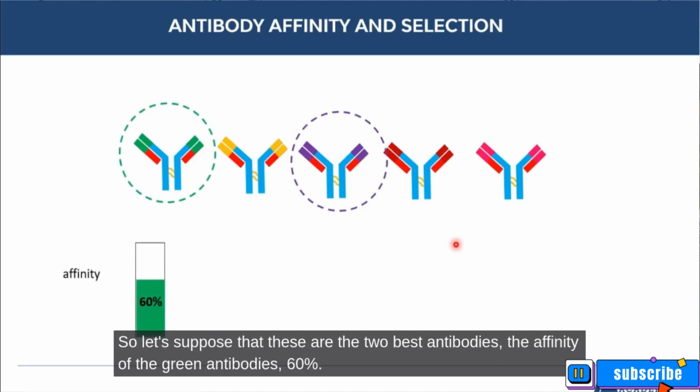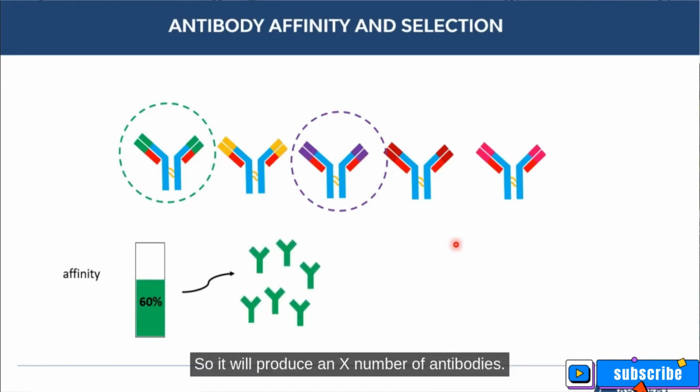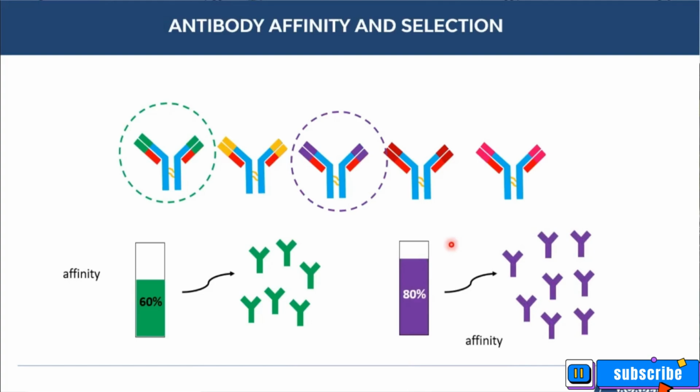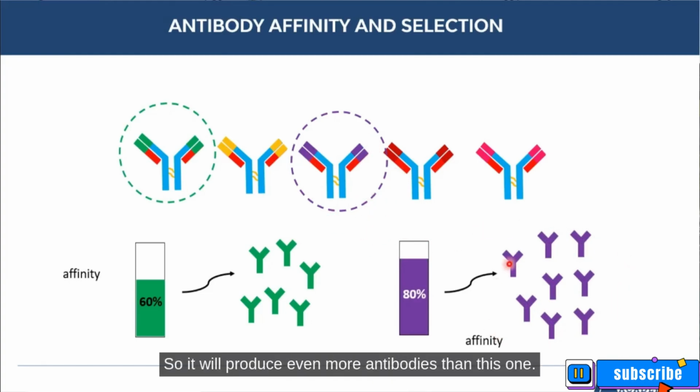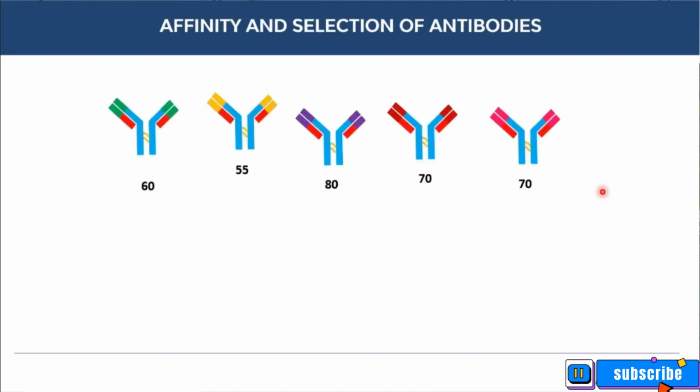The affinity of the green antibody is 60%, so it will produce an X number of antibodies. The affinity of this antibody is 80%, so it will produce even more antibodies than this one. And the worst antibodies will produce just a small amount of clones.